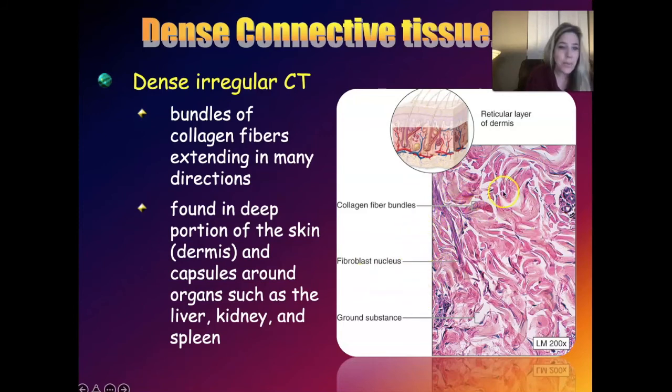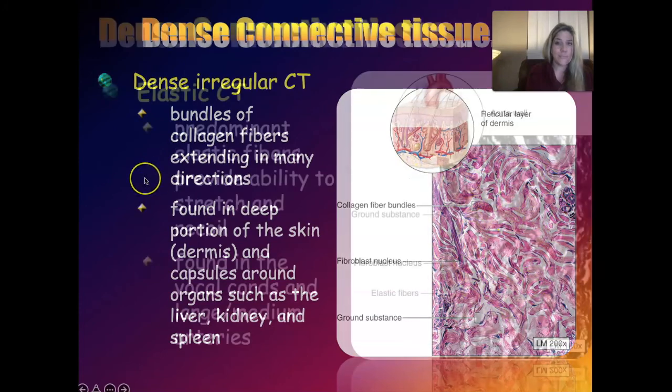You still see fibroblasts and ground substance, but compared to loose, you're seeing much less ground substance. So bundles of collagen fibers extending in many directions. It's found in the deep portion of the skin, which is the dermis, and in capsules around organs such as the liver, kidney, and spleen. So that's dense irregular connective tissue.